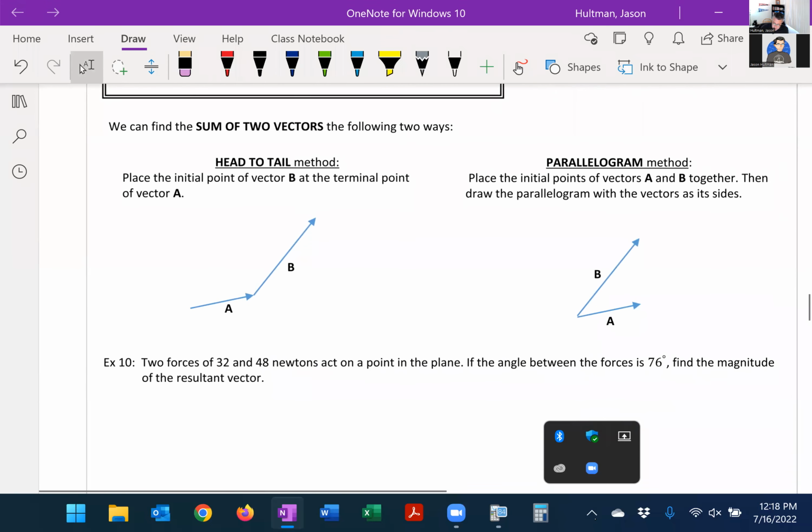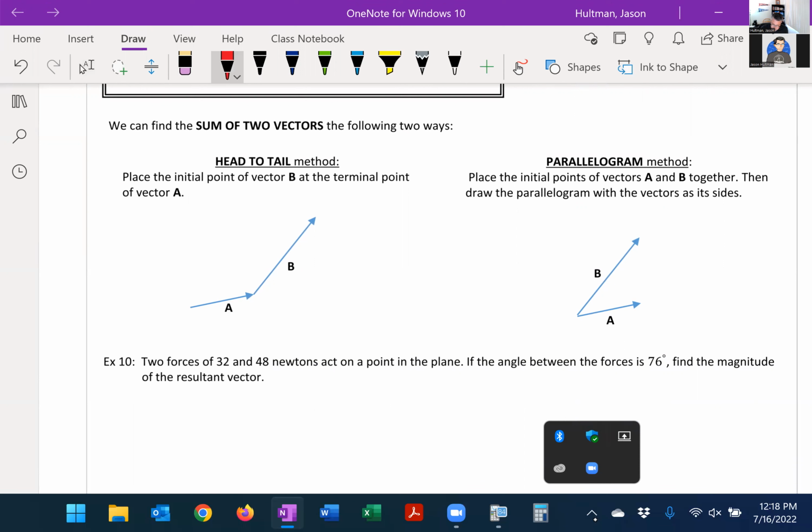Okay, we can define the sum of two vectors the following ways. Place the initial point of vector B at the terminal point of vector A. And the sum is going to be from the initial point of A to the terminal point of B.